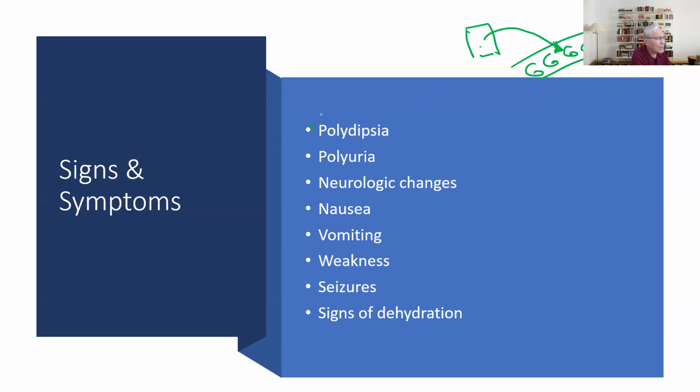which would therefore stimulate the hypothalamus as far as the thirst reflex is concerned. So you will have polydipsia, and because now a lot of water is drawn over here, you will now have polyuria. Okay. Now, why the neurological changes?